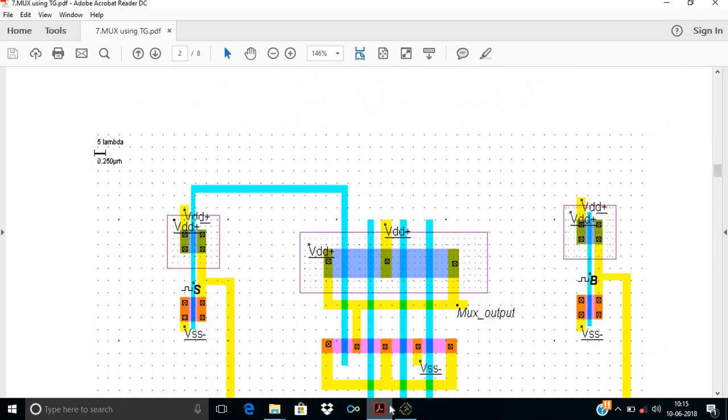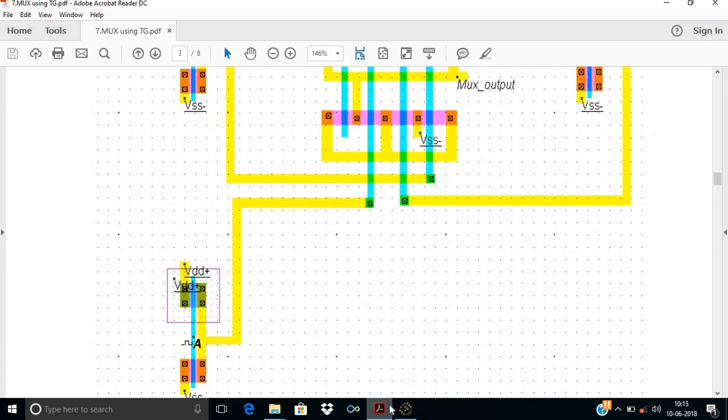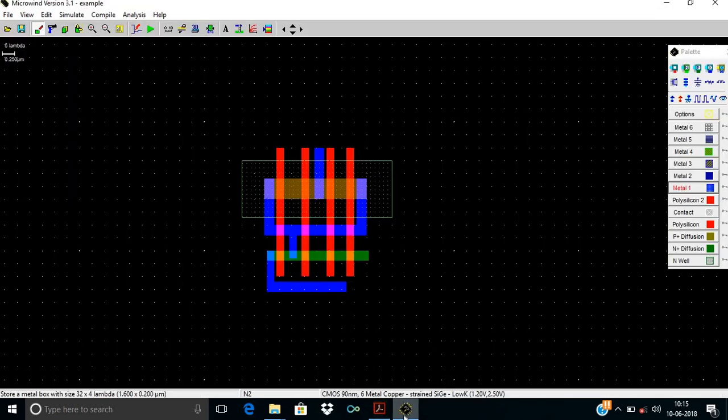To make this connection in this way, first of all we have shorted this, and then we will short this.